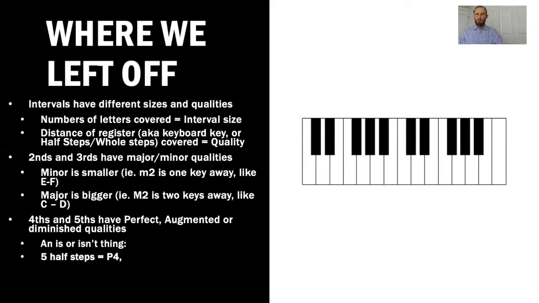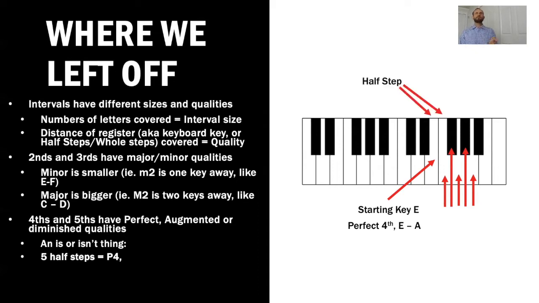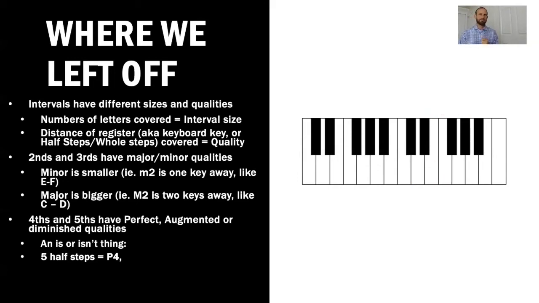A perfect fourth, for example, is 5 steps away. That means starting on E, a perfect fourth would be E, F, G, A, or 5 keys away. See that? 1, 2, 3, 4, 5. This means you have 1 half step and 2 whole steps. Remember, the whole step skips a key, in this case, the black keys.